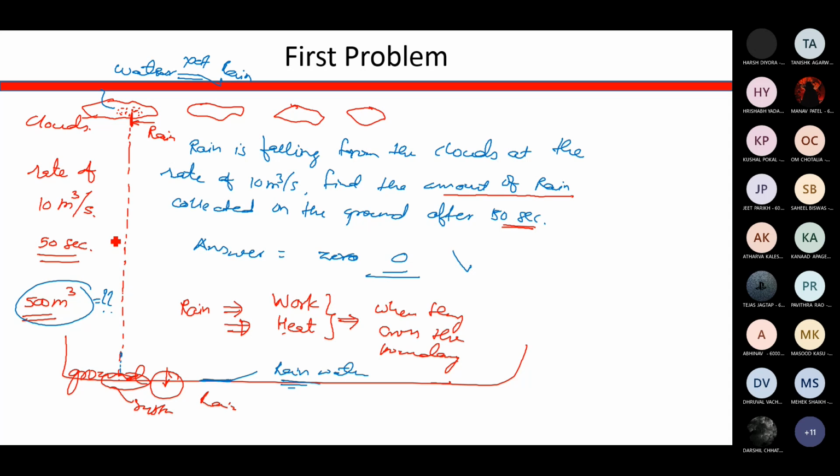They only come into picture when they cross the boundary. Are you getting my point or not? How many people have understood? Understood. So hereafter you will not forget what is point function and path function. Always remember work and heat transfer are pretty analogous to rain.